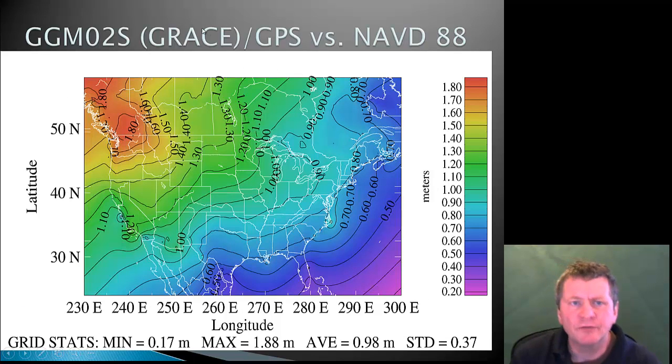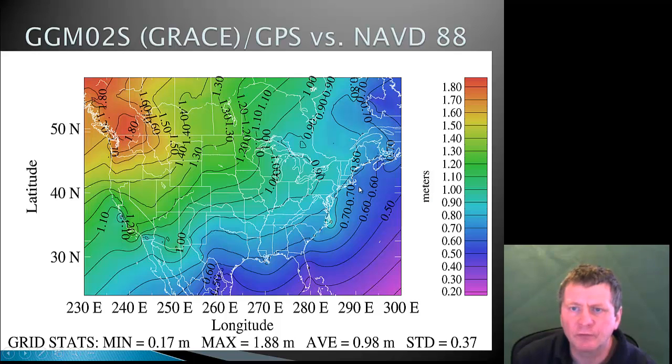So how does GRACE compare to the North American Vertical Datum of 88? How does it work? In light white here, you can see the United States, and over here is the difference in meters between the two.